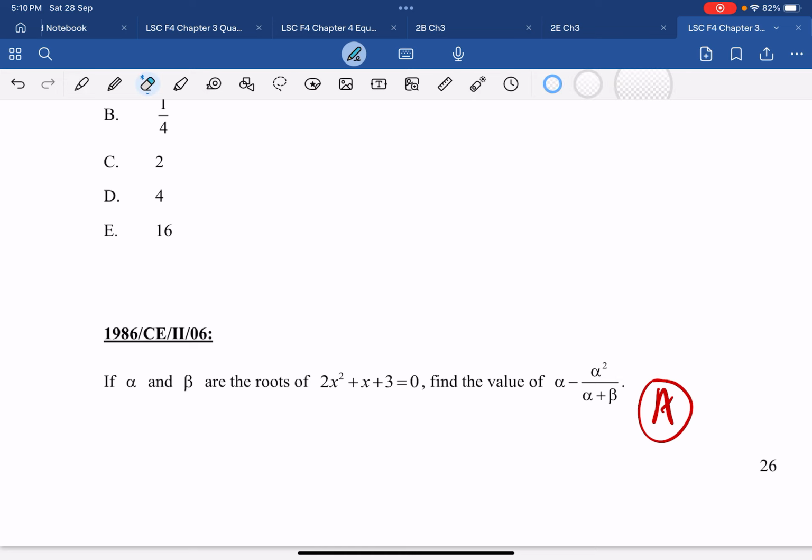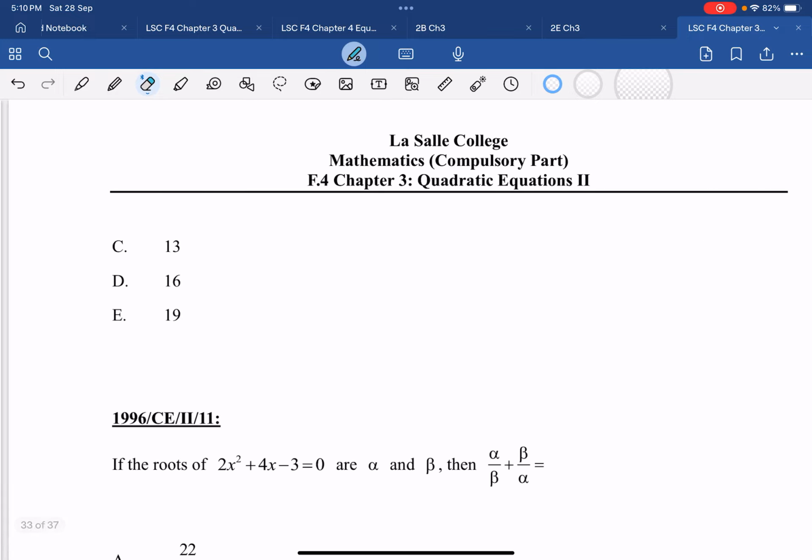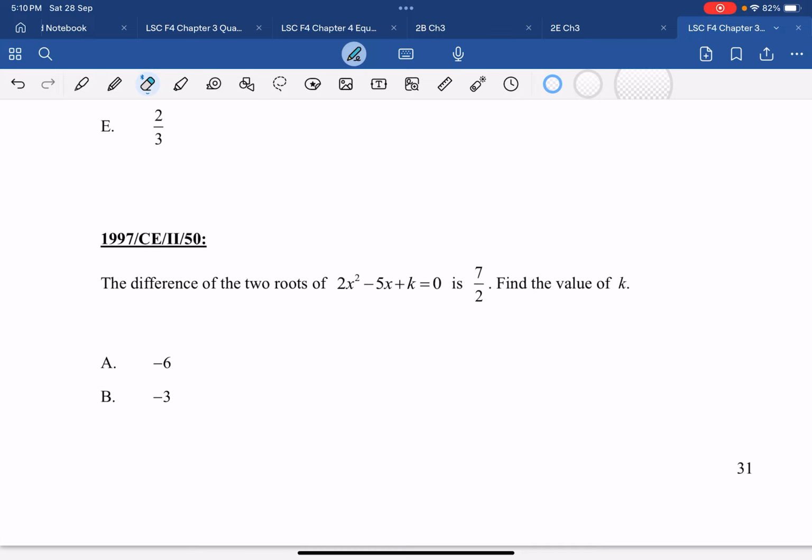And then maybe we can try a harder question. Let's try this one, on page 31. Now it has k. So how to do it? Think about it yourself first. Previously I taught you some principles for doing MC.